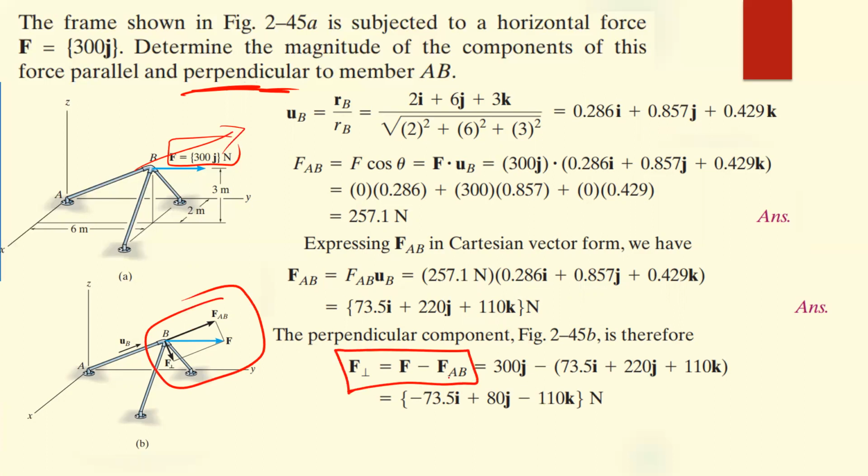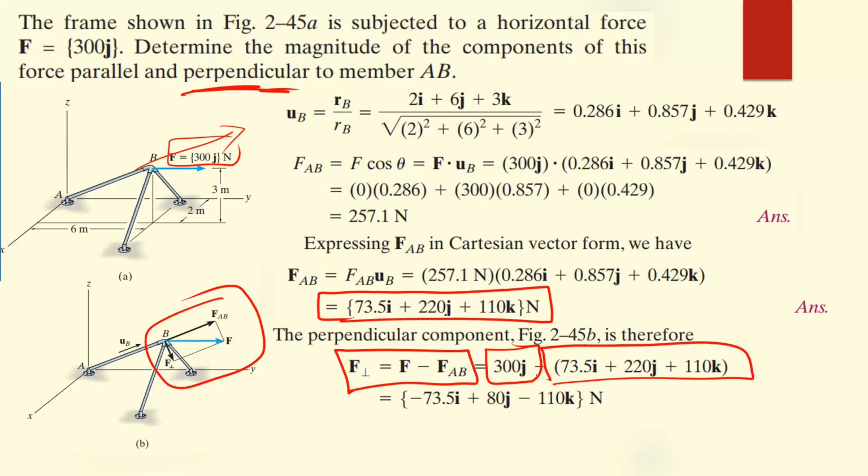You subtract the Cartesian vector that you found there from the main force, which is 300 newtons. Whatever you get there is the one that you use to find the value of the perpendicular vector.